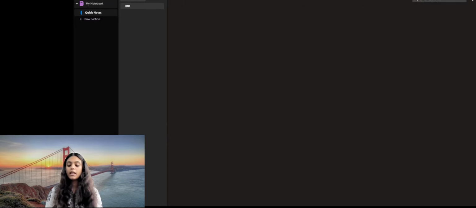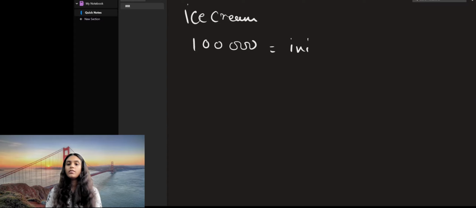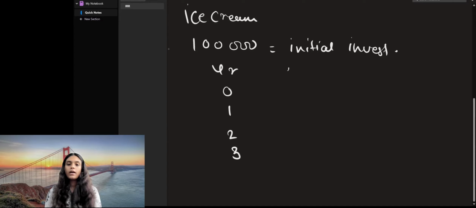So, for example, you have started an ice cream business, an ice cream cart. You have invested 1 lakh rupees as your initial investment. So, for example, years 0, 1, 2, and 3, and your cash flows.